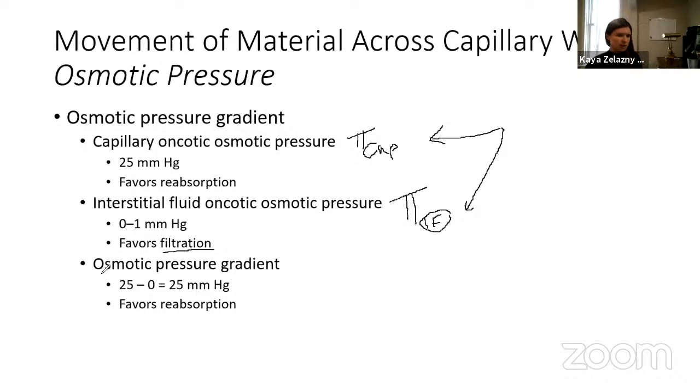So the osmotic pressure overall here is 25 minus 1, favoring reabsorption because we have more capillary osmotic pressure, more proteins pulling water towards the blood here.